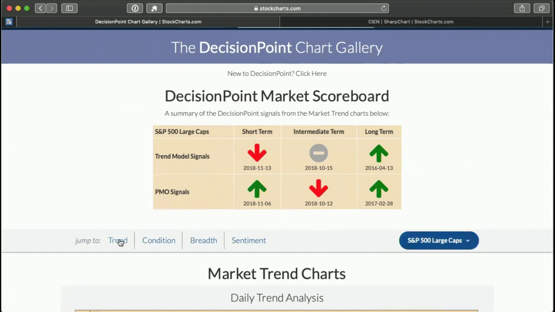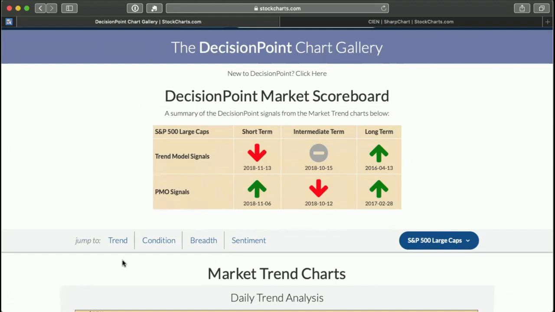What we look at is the trend. We look at the condition of that index. We check out the breadth. And then sentiment really is a market indicator that covers the market in general, so it's not necessarily specific to an index.